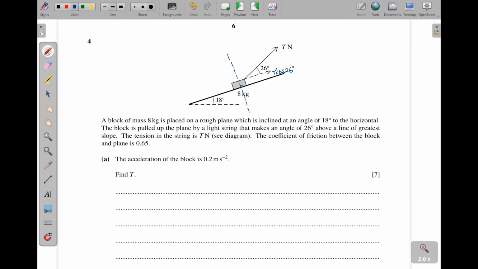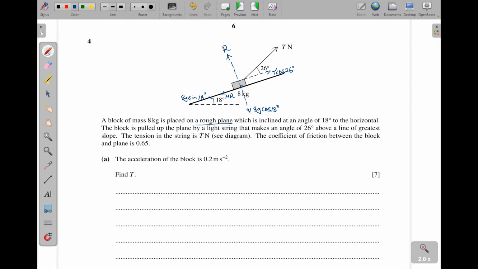So we shall have the mg cosine, the component of the weight of the block perpendicular to the plane, which will be 8g cosine of 18, and then mg sine, with m as 8, so 8g sine of 18. Then we shall have mu R here because it is a rough plane, and of course R is the normal reaction. The normal reaction is always there for a particle which is on the plane.